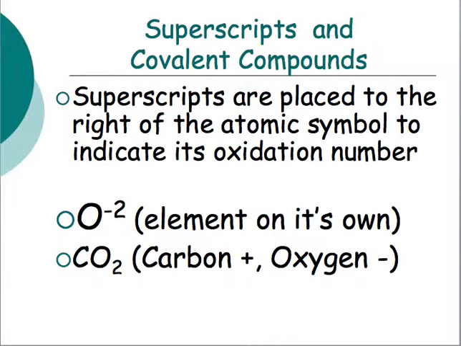Superscripts, once again, are placed to the right of the atomic symbol to indicate its oxidation number. So oxygen by itself would have a -2 charge. And then when we look at it combined with another atom, like carbon dioxide or carbon monoxide, whichever one you want to talk about, carbon would get the positive charge because it's further to the left, and it has 4 electrons it's willing to share.